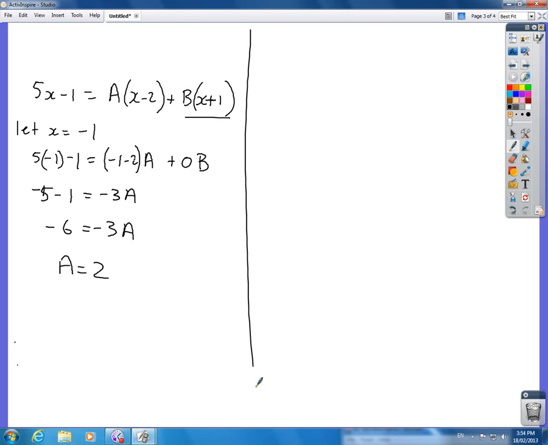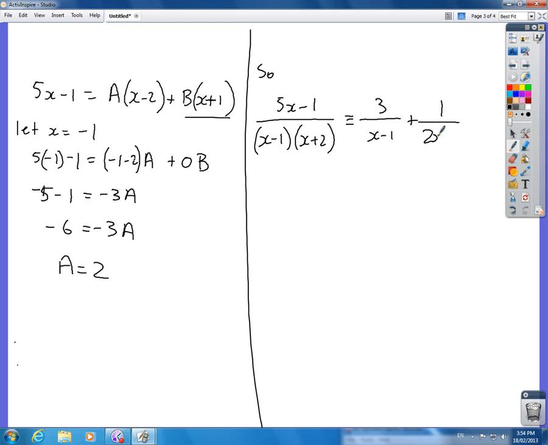I've just worked out that A equals 2 and B equals 3. So what does that mean? That means that (5x - 1) over (x + 1)(x - 2), that's our original, equals... try again.